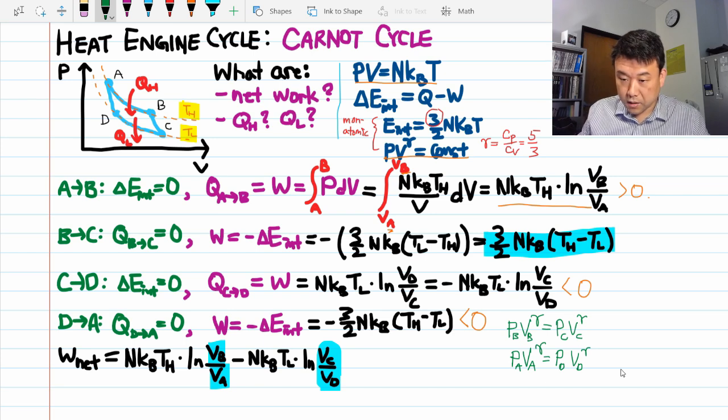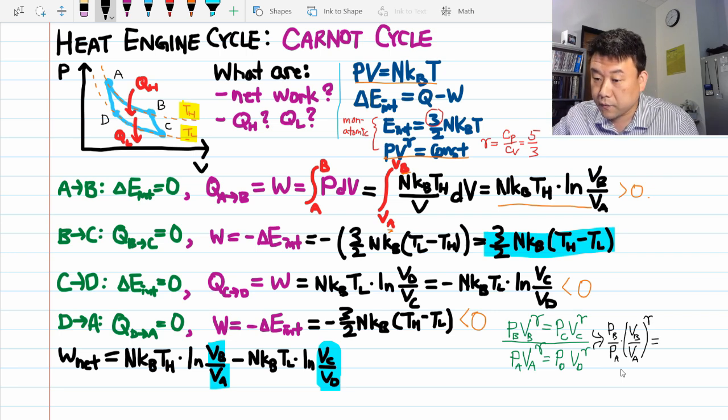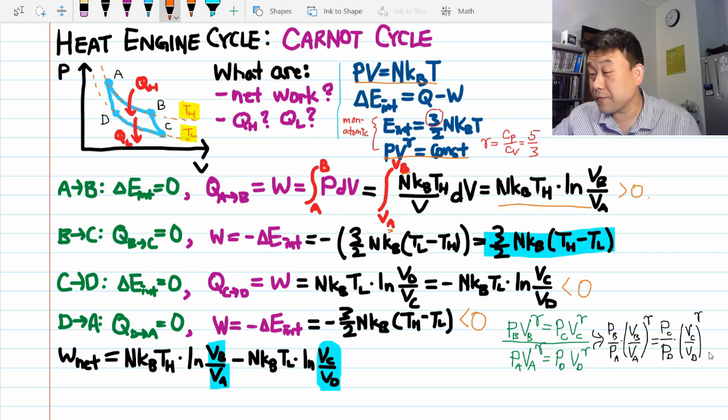Oh, so I can just take the ratio of these two equations and I'll get something that simplifies a degree. PB over PA times (VB over VA) raised to gamma is equal to PC over PD times (VC over VD) raised to gamma. Now here's the fact I'm going to use. The points B and A are related by an isothermal process, which means this ratio can actually be related to the ratio of volumes.